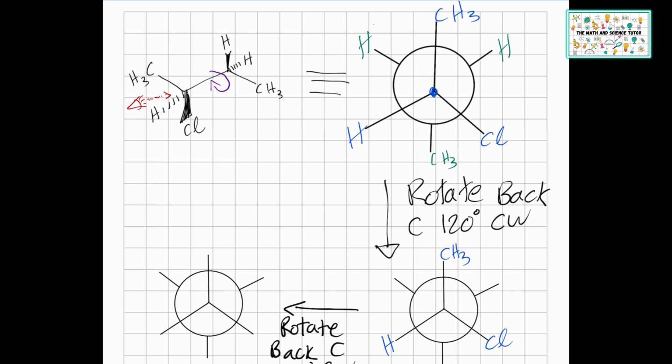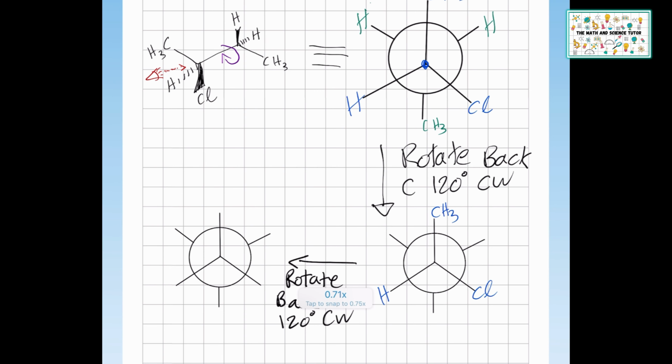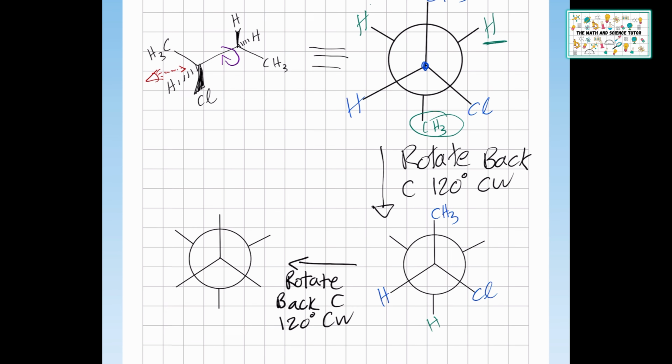So rotating the carbon 120 degrees is the easiest because the compounds just move one over. So this methyl group is going to take place of this hydrogen, and this hydrogen is going to take this hydrogen's place, and this hydrogen is going to take place of the methyl group. So this hydrogen is going to be within the plane facing down. The CH3 group is going to be on the left side.